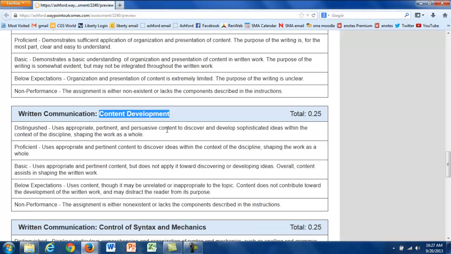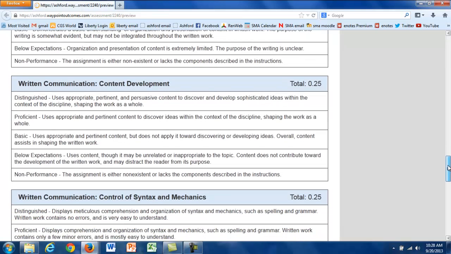Are you using appropriate, pertinent, and persuasive content to discover and develop your ideas? So it's not enough just to say, oh, I thought the scene was good. You have to tell us why you think it's good. You have to give details. If you think the acting is great, it's not enough to just tell us that the acting is great. You have to tell us why it's great. You have to explain and give details.